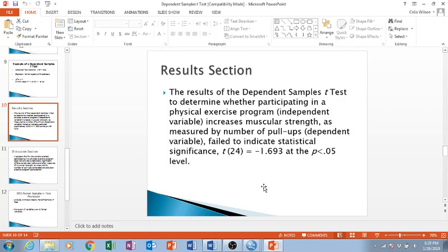For the one sample t-test, we still have our t at 24 degrees of freedom was equal to negative 1.693 at the p is less than 0.05 level. Okay, so it was not statistically significant. If you were to take out the at the, you could put a comma right here and just say p was greater than 0.05. But this is also correct either way.